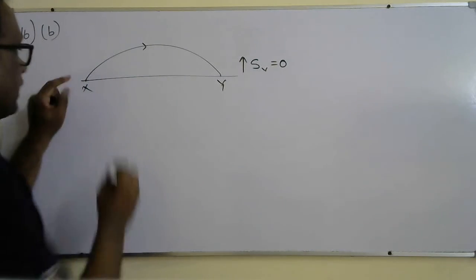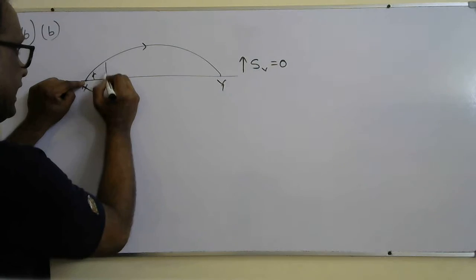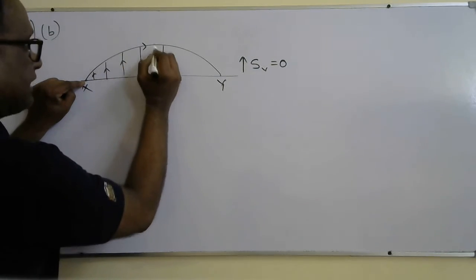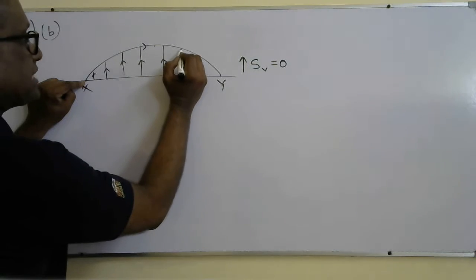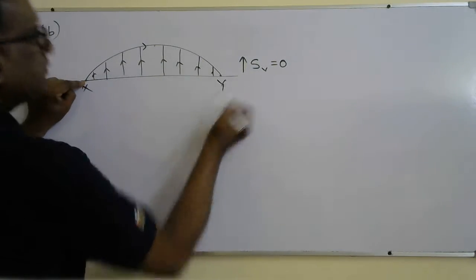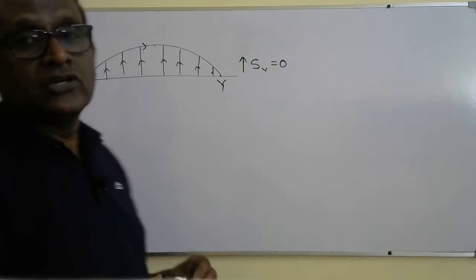You understood? Because it went away from x, the vertical displacement is increasing. It reaches the highest point, then the vertical displacement is decreasing. Finally, when it hits the floor or ground, the vertical displacement will be equal to 0.